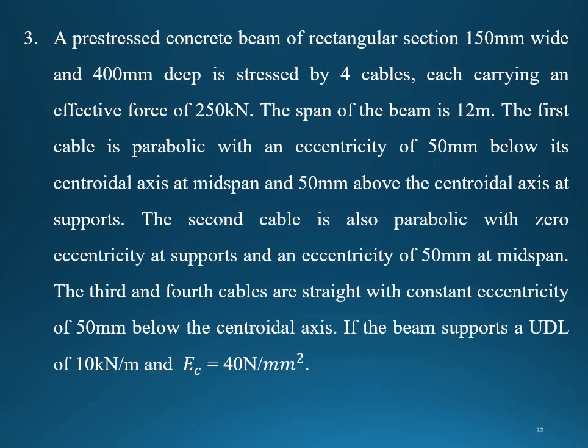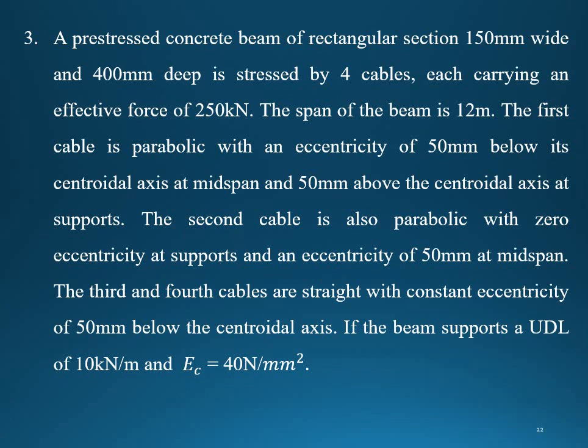That means exactly at the center of the parabola, that is below the neutral axis at the midspan, eccentricity is 50 mm and also 50 mm above the centroidal axis at the support, means at either end of the supports above the neutral axis, the eccentricity is 50 mm. For first cable, it's parabolic, eccentricity at midspan is 50, eccentricity at support is 50 mm.